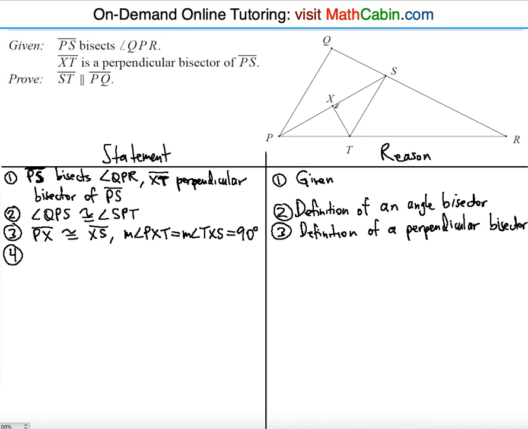In order to determine congruence of these two triangles, we have the shared XT. So we're going to set XT being congruent to itself. And the reason for that is, of course, the reflexive property of congruence.